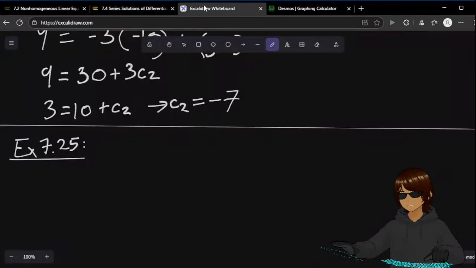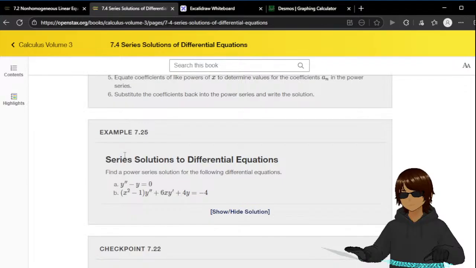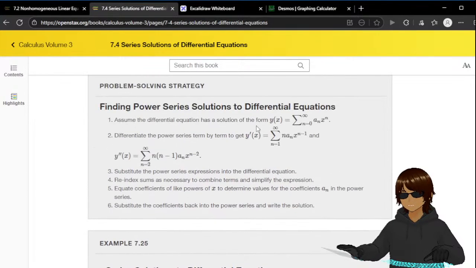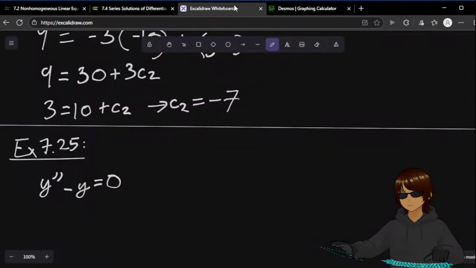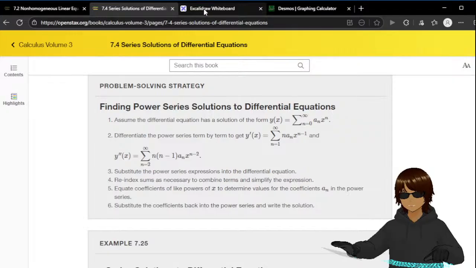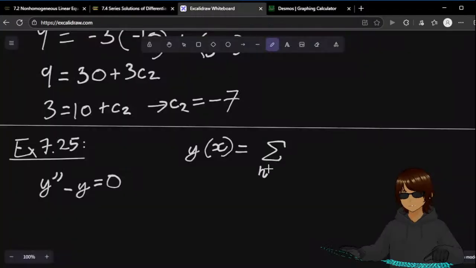So they said y double derivative minus y equal to 0. Okay, let's just try this one. So they said y(x) is equal to the sum from n equals 0 to infinity.